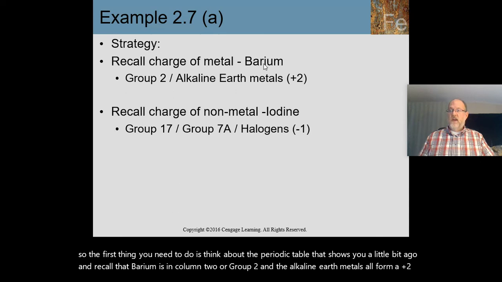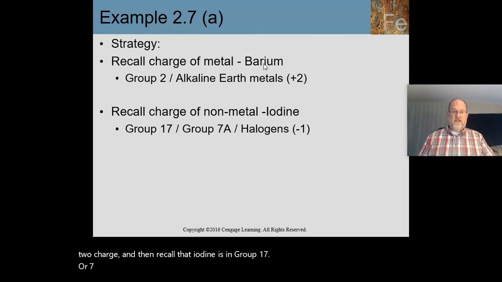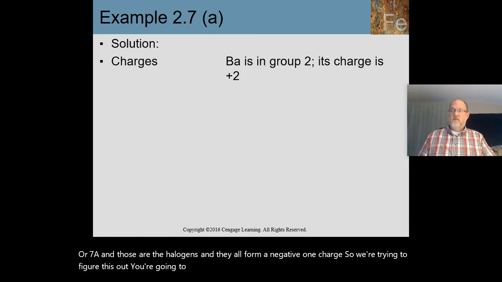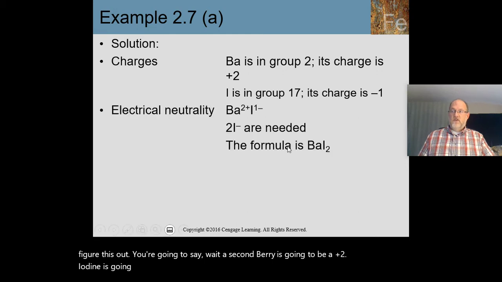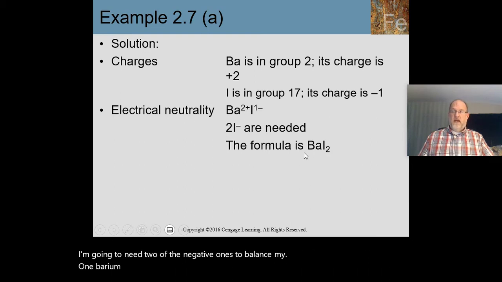And then recall that iodine is in group 17 or 7A, the halogens, and they all form a -1 charge. So barium is going to be a +2, iodine is going to be a -1. In order to have electrical neutrality, I'm going to need 2 of the -1s to balance my 1 barium. So it's going to be BaI2.